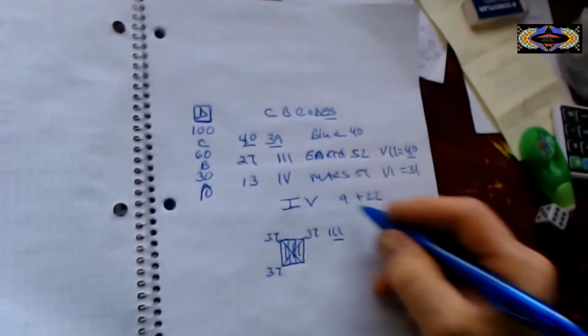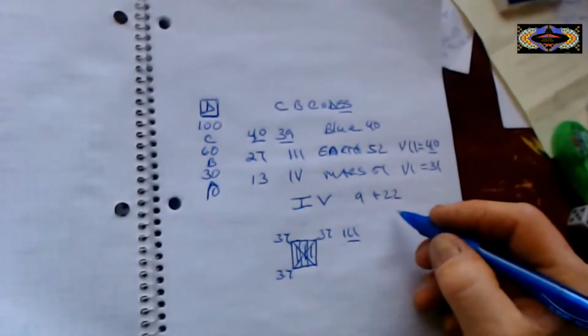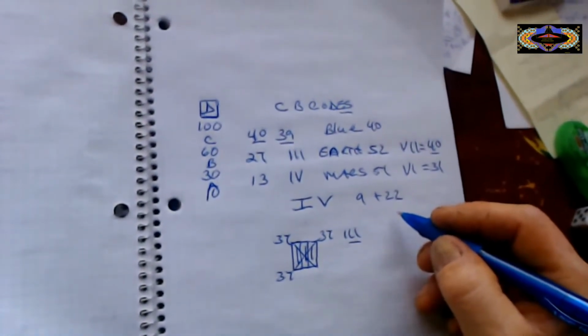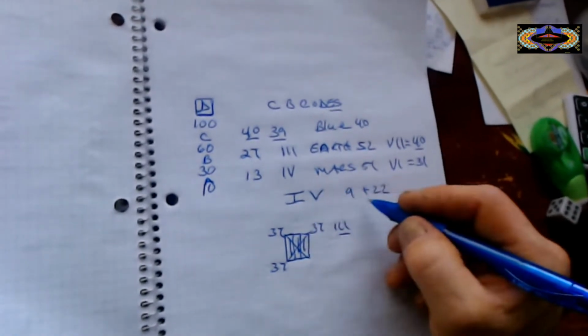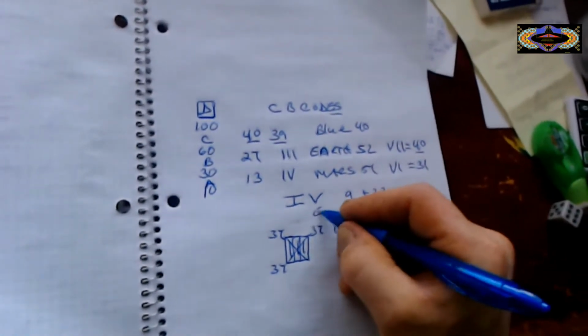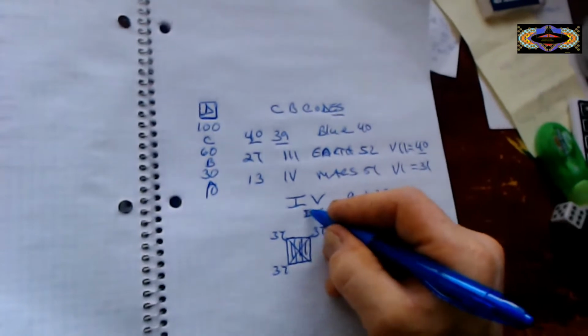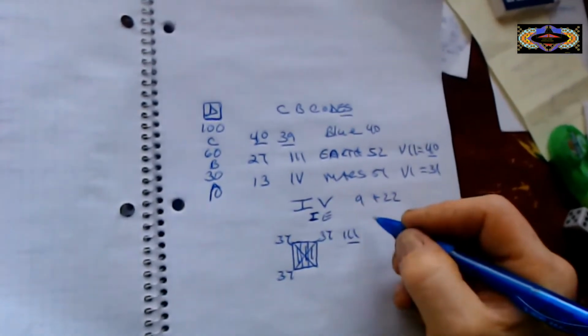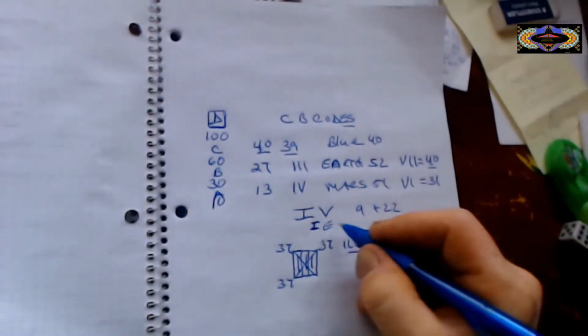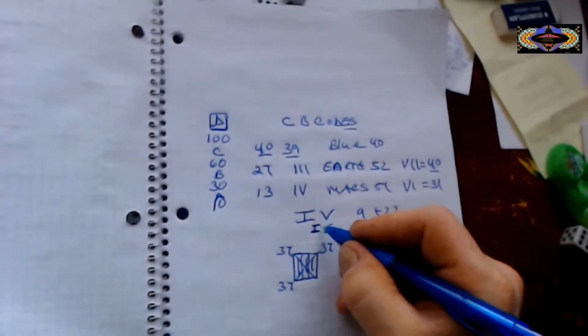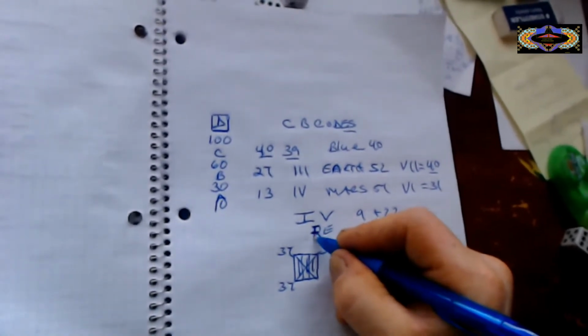And in Roman numerals, I took away that. Did I make a mistake? Yeah, I did. No, I didn't. So when I take away 9, because it's before the V, right? And by the way, this is I and this is E. Did I do that right? Yes. This is R-E.